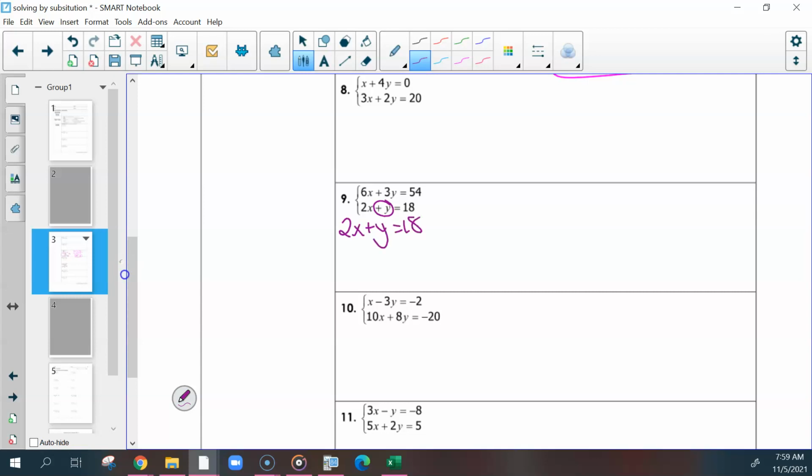So I'm going to subtract 2x to the other side. Just because it's a habit, I'm going to switch these two. If you left it as 18 minus 2x, that's fine. After we've solved that one, we're going to put it back into the other equation where y is.